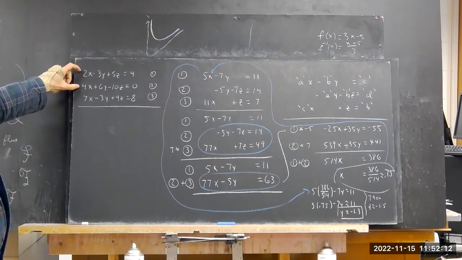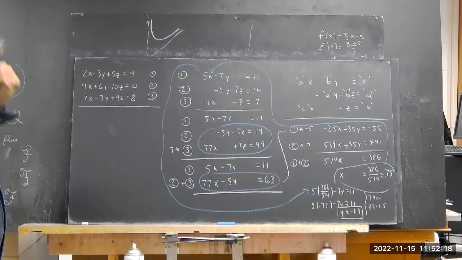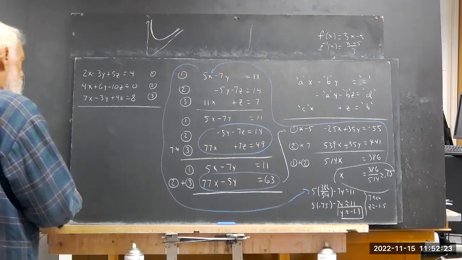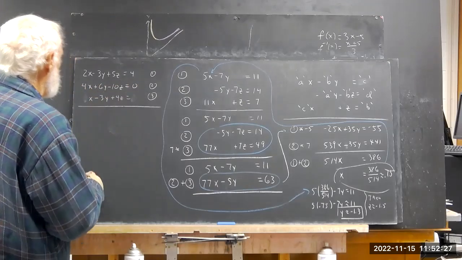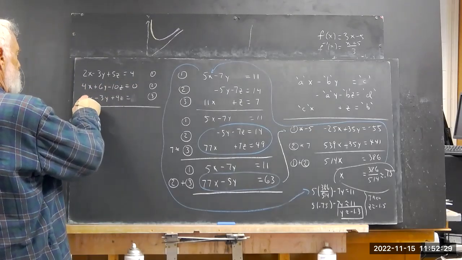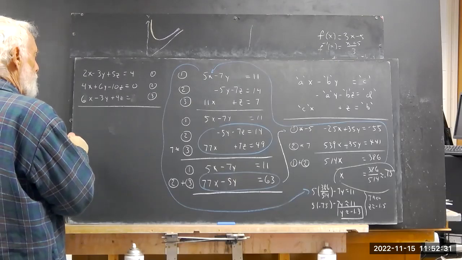Okay. And then I'm going to change the numbers here. Instead of 7, here I'm going to have 6.